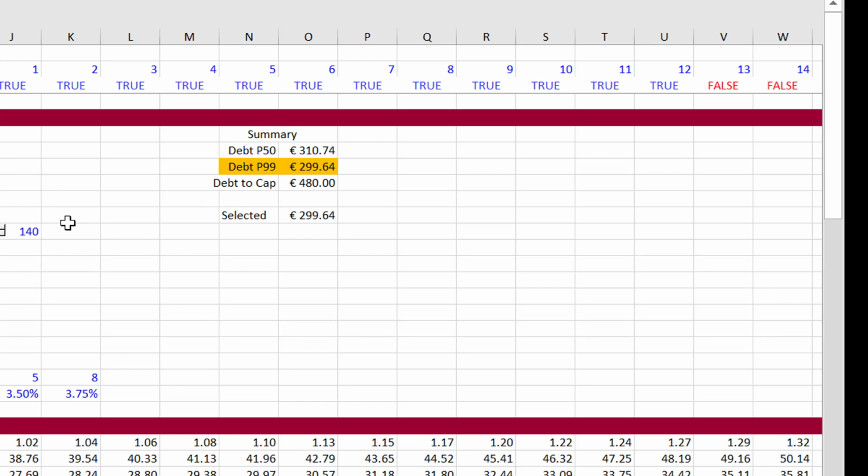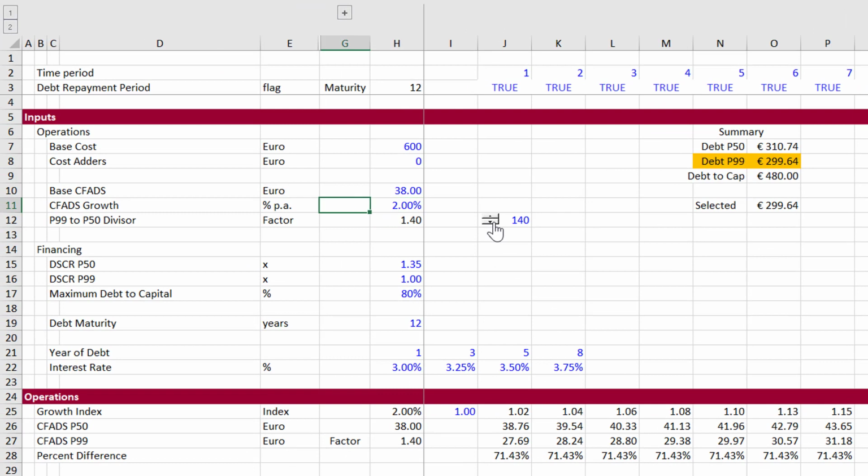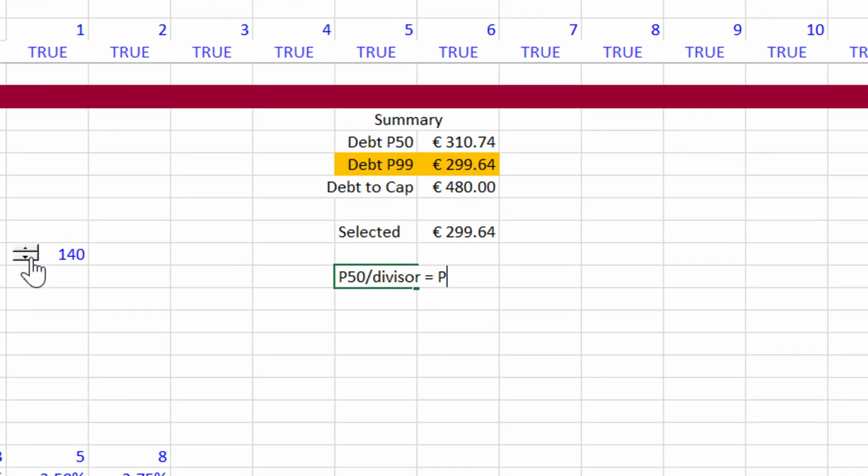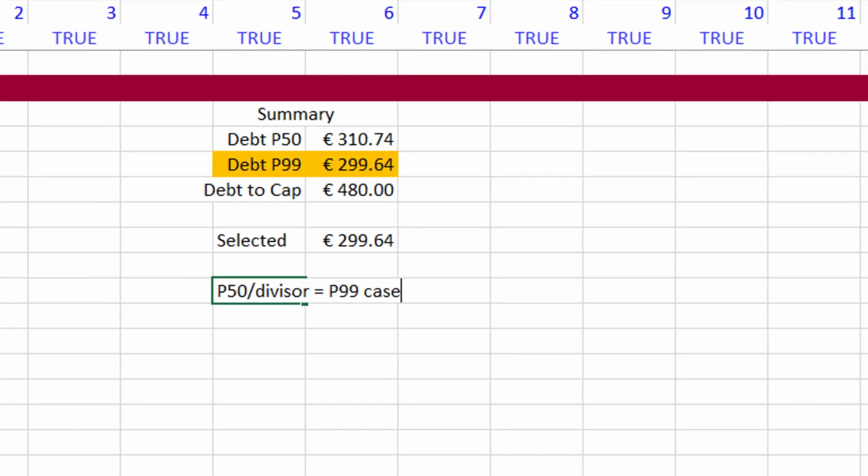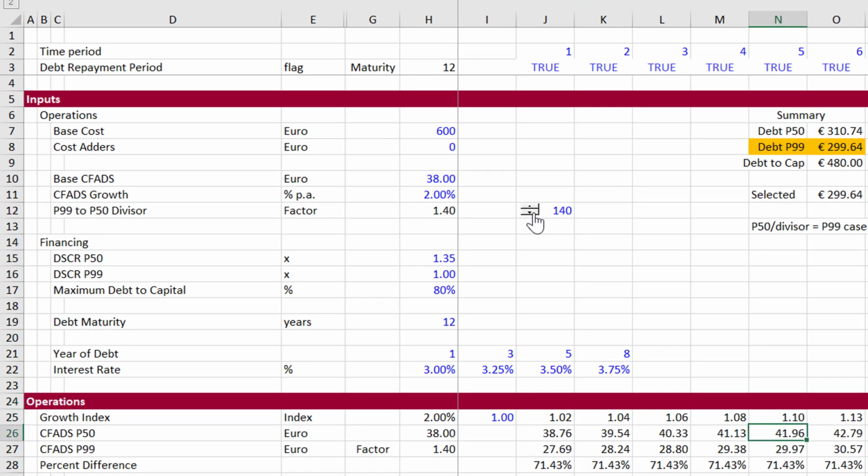Okay, so now this I should make a little more clear, sorry. If I take the P50 case divided by the divisor equals the P99 case, that's how we're going to define this case over here. And I realize I did something really stupid just now.